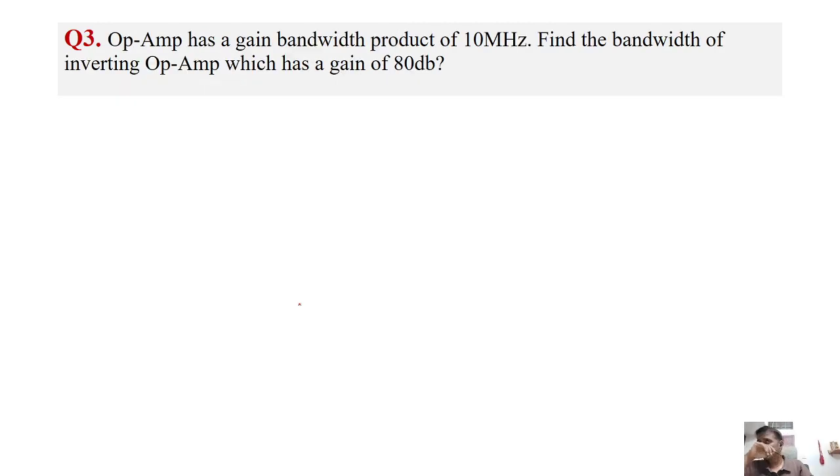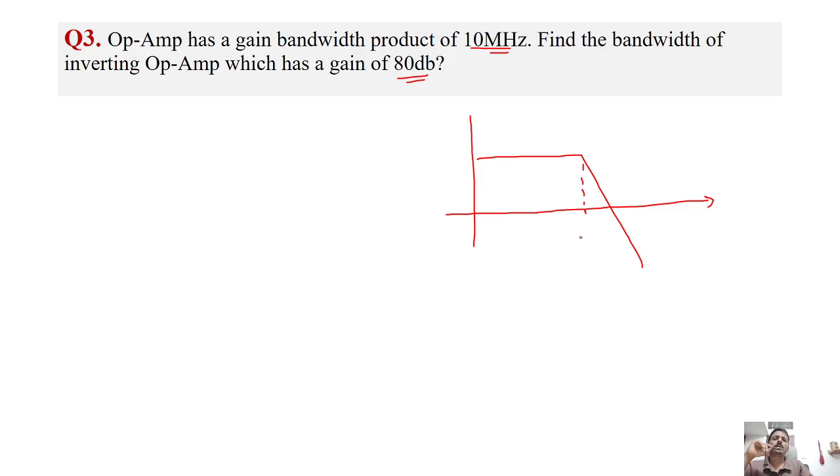Now coming to the third question: an op-amp has a gain bandwidth product of 10 megahertz. Find the bandwidth of the inverting op-amp which has a gain of 80 dB. So we know, say this is the frequency response of an op-amp, and this is the bandwidth, and this is the gain of the op-amp during its pass band.